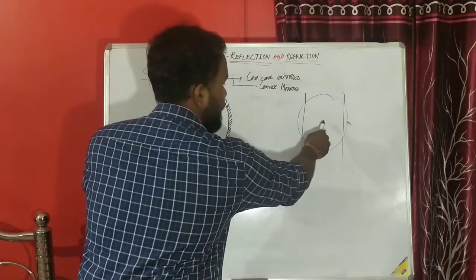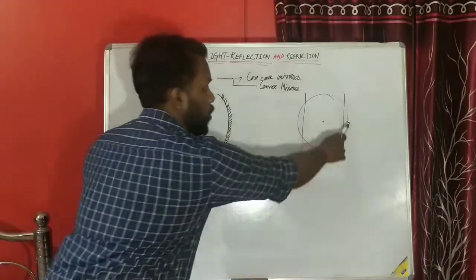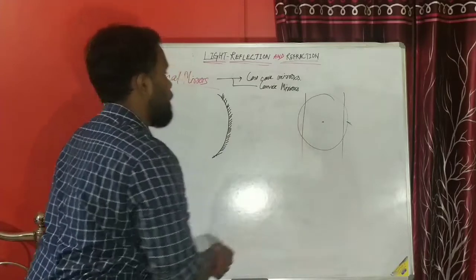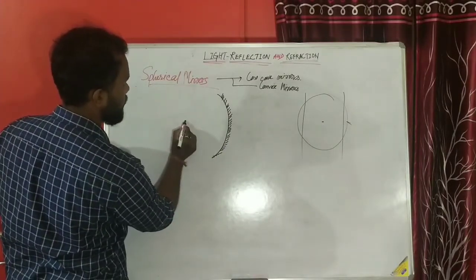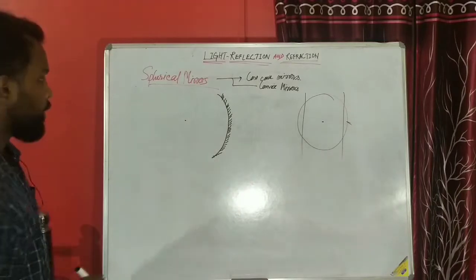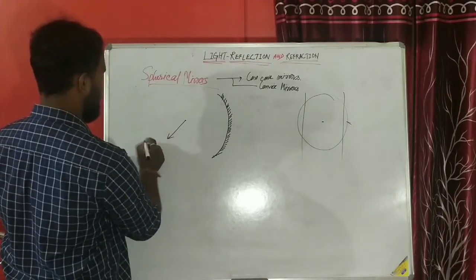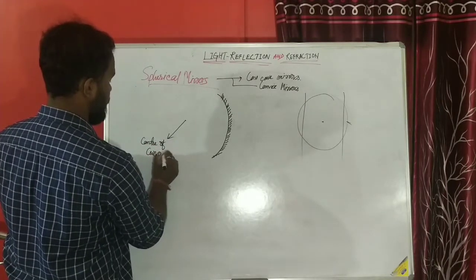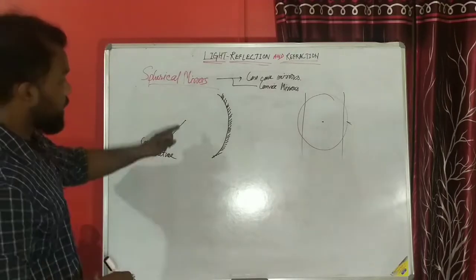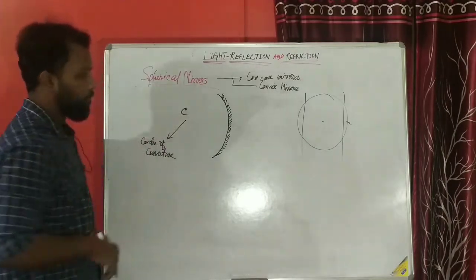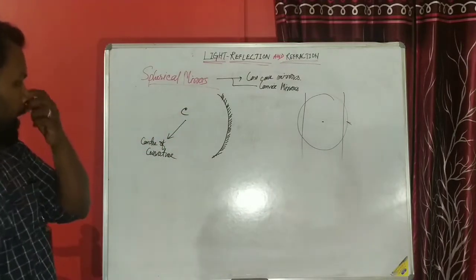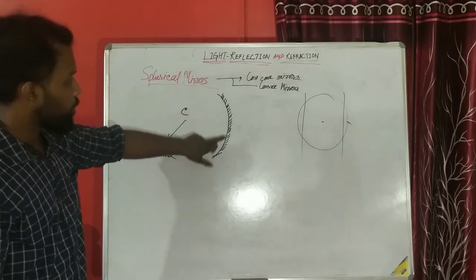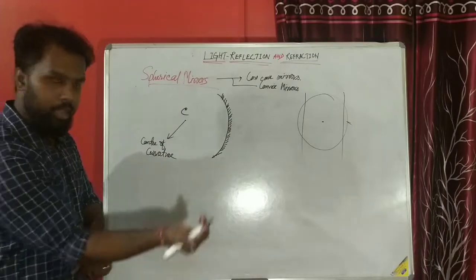This sphere is going to have a center. For this portion, this is going to be the center too, right? That's why you can say this center is going to be the center for this mirror too. Understood? And that center is known as center of curvature, and it is denoted by C. Again, as this spherical mirror is based on this center, there is going to be a center in the reflecting surface too, right?